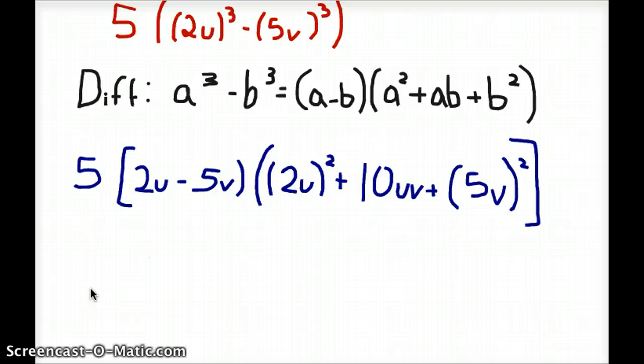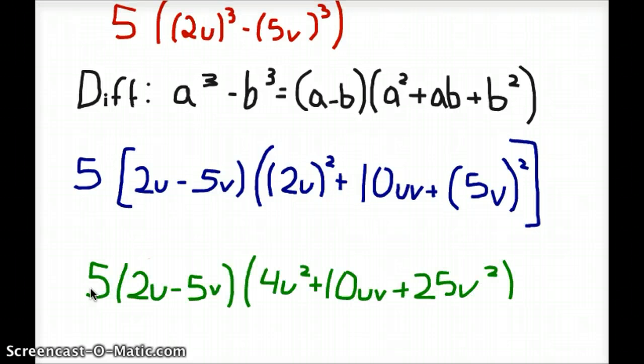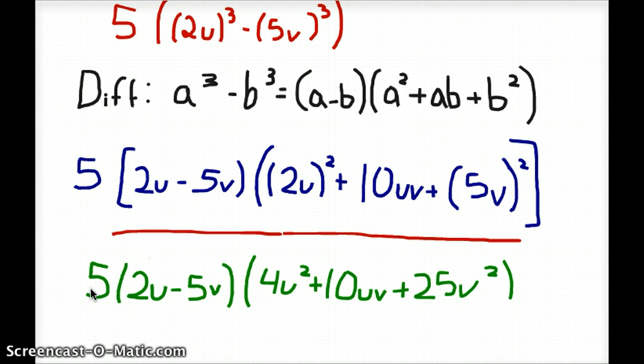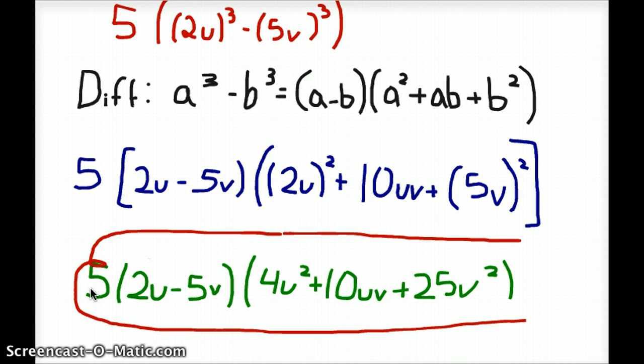So once you're done multiplying, your final answer should be (2u minus 5v)(4u squared plus 10uv plus 25v squared).